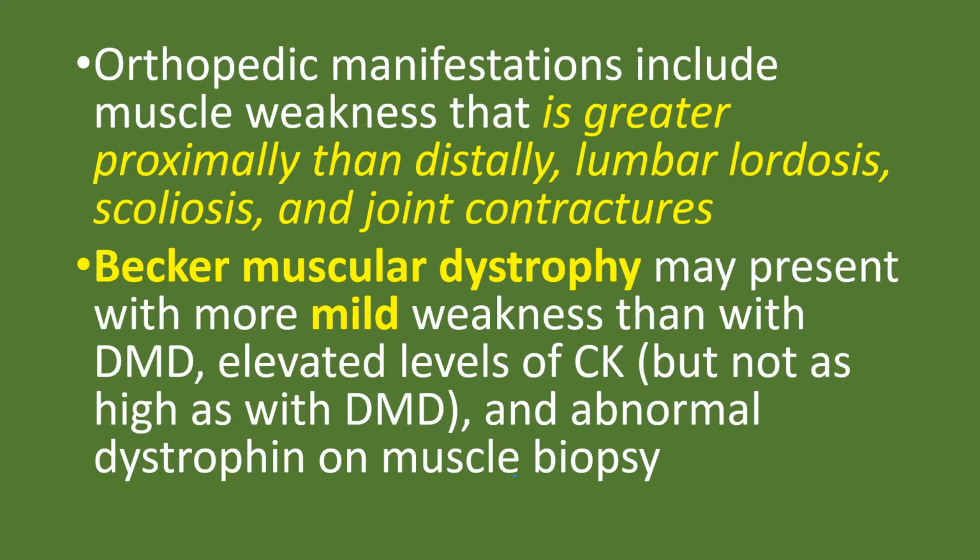Becker's muscular dystrophy may present with more mild weakness than with Duchenne's muscular dystrophy. Elevated levels of creatine kinase, but not as with Duchenne muscular dystrophy, and abnormal dystrophin on muscle biopsy. So Becker's is a muscular dystrophy, but it is much less than Duchenne.